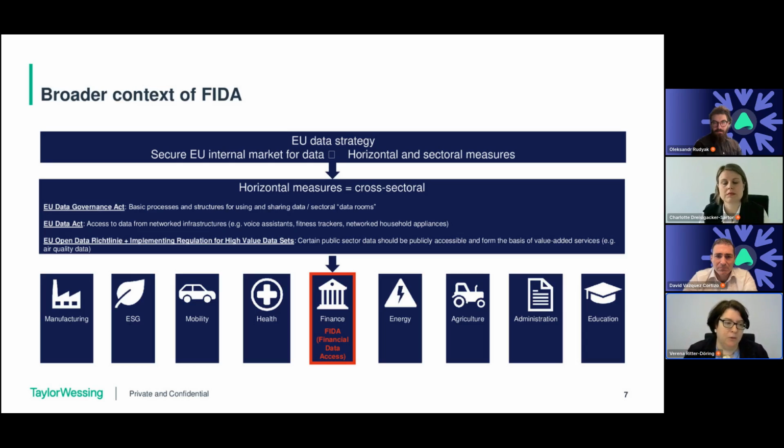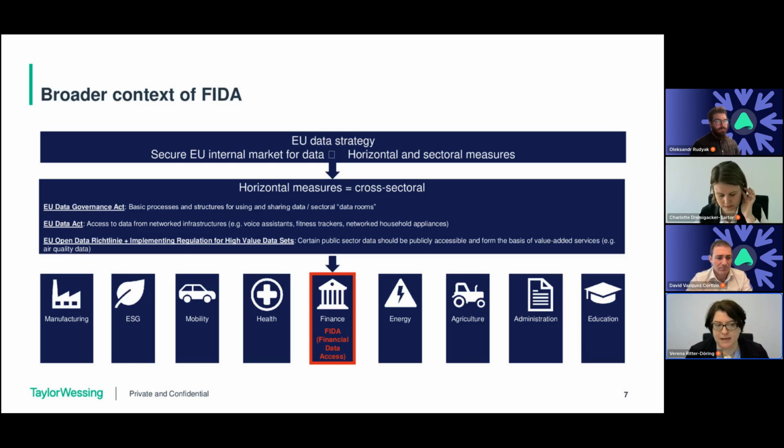Maybe you have heard about the EU Data Governance Act. We have this since September 23, so quite a while. It is about the basic processes and structure for using and sharing data, and paves the way already for the sectoral data groups.